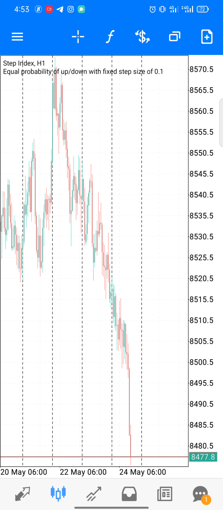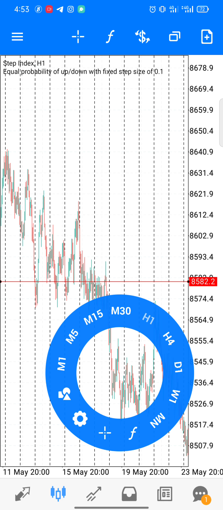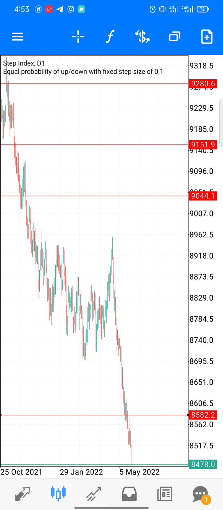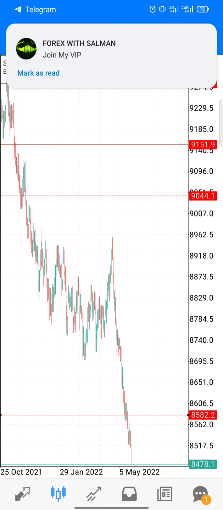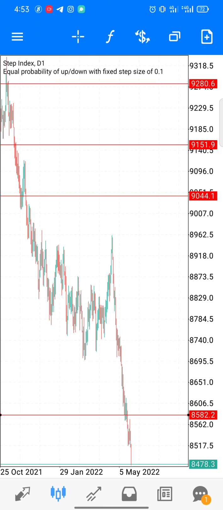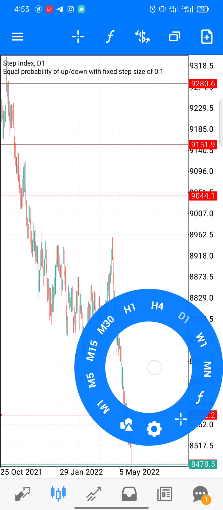Firstly, I can see it's a very long downtrend, and if I go to the daily time frame, I'll see that this step index is at the lowest point. You can see it's at the all-time low right now.